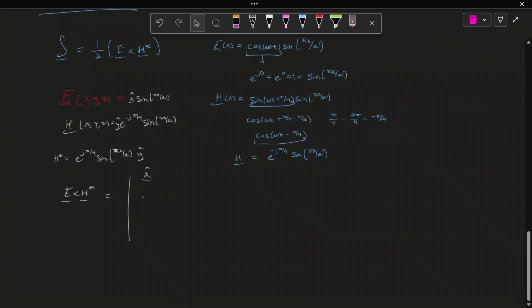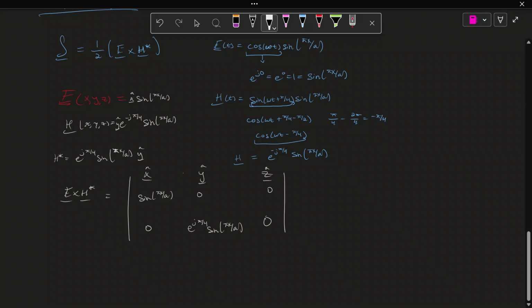So E has an x hat, which is sine pi x over a, 0 for y. This is 0 again, because E does not have a z component. And then this should be e to the j pi over 4 sine of pi x over a. Z is 0 and 0.